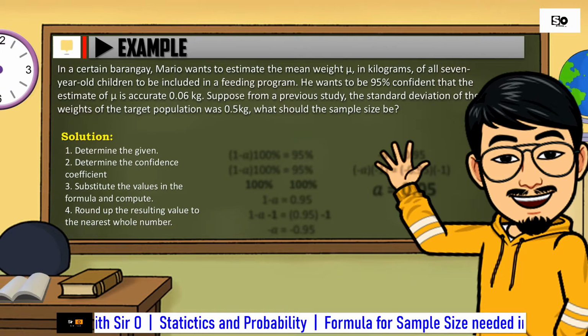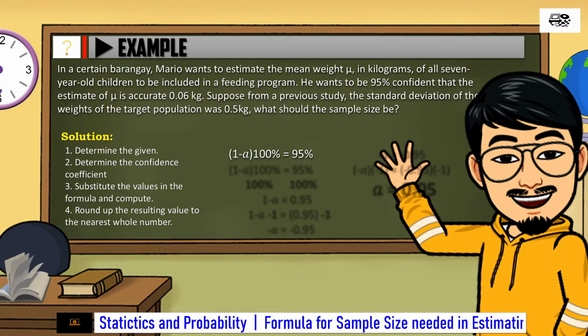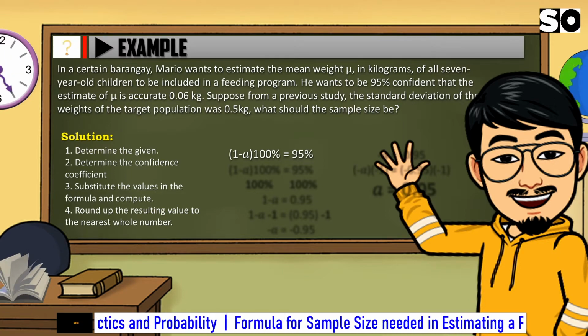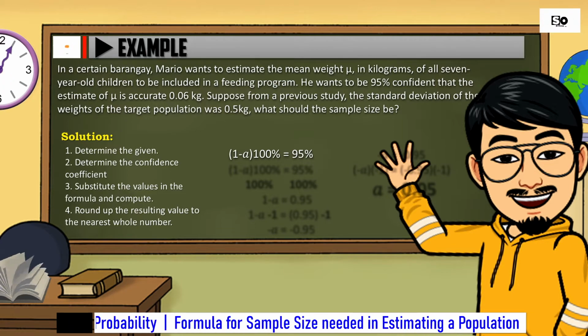Next, let us determine the confidence coefficient. Using the formula 1 minus alpha multiplied by 100% is equal to 95%, wherein the 95% is the confidence coefficient.